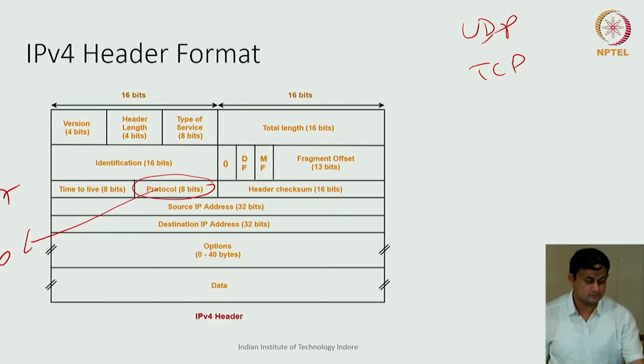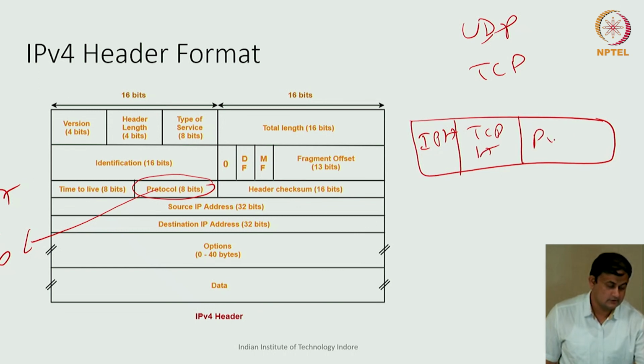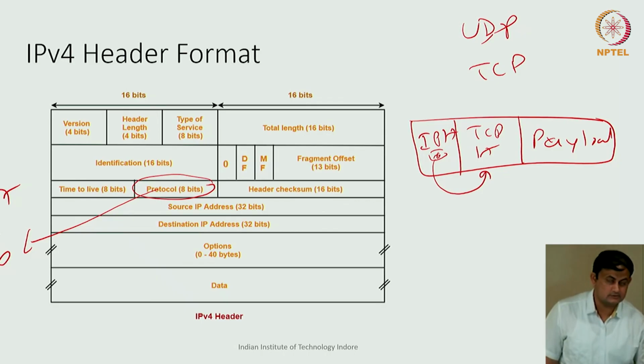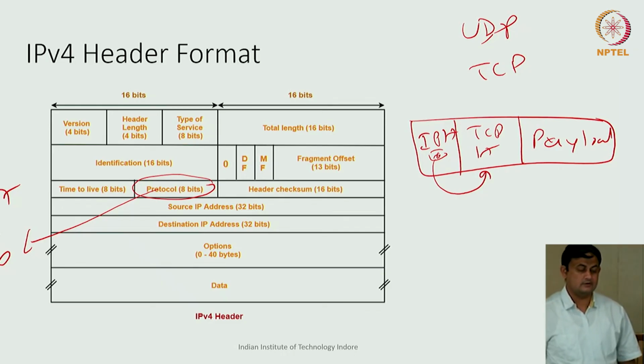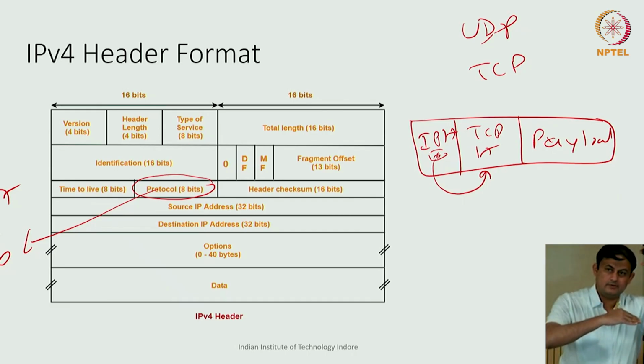So if you look at the IP packet, this is what happens. Here is the IP header, then the TCP header, and then the application data or payload. Within the IP header, the protocol field carries this number, identifying what the next header type is beneath it. On the outside you have the IP header, and beneath that the TCP or UDP header, and then the data.